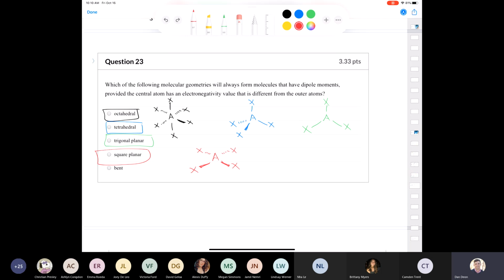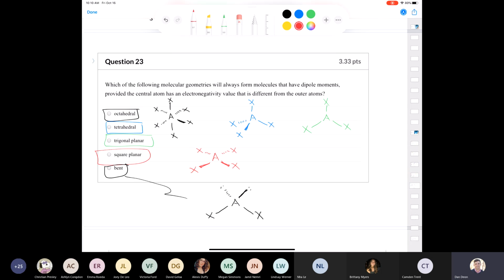But if I look at bent, if I have a bent molecular geometry, I'm going to have my central atom, and then the two X's going down like this. It wouldn't matter what molecular geometry the bent came from. Let's just imagine it came from a tetrahedron, or it could come from a trigonal planar molecular geometry, and so on.